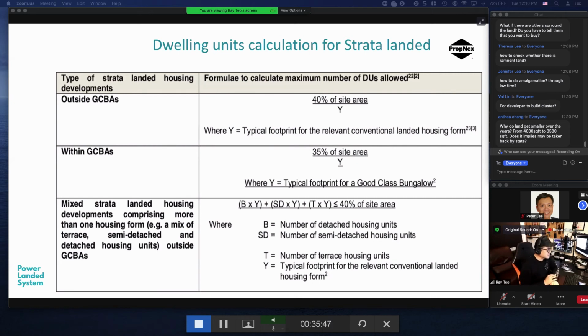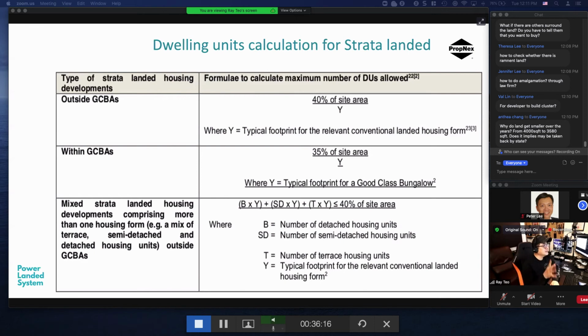For GCB owners, the idea of having a GCB is that I want privacy, right? Then if you build a cluster in a GCB area, that doesn't make sense. Although the law allows us to do it, we usually won't do it. Why people pay a premium for GCB areas is due to low density.